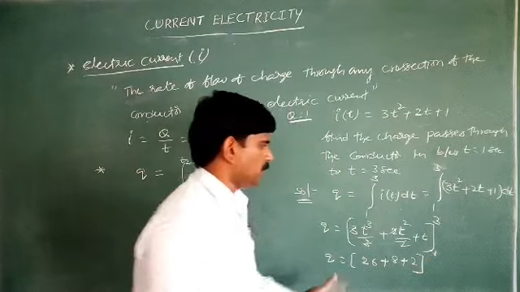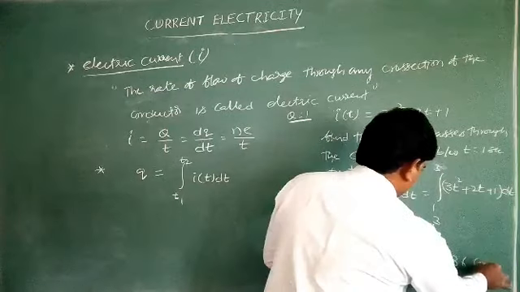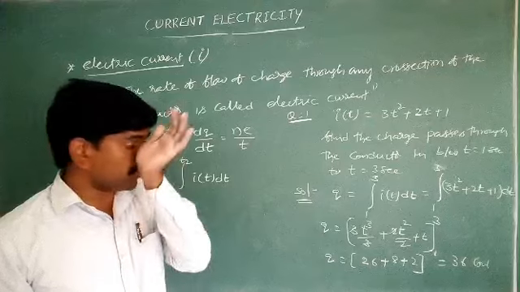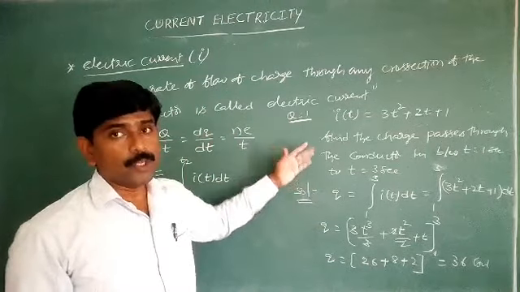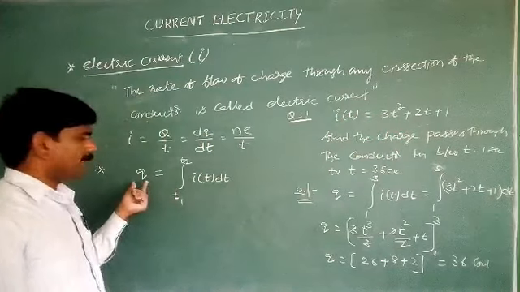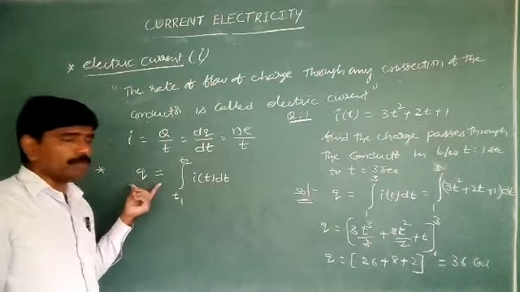So this is equal to 36. 36 coulombs of charge is passing through the conductor. So in case of variable currents, this is the formula for the charge passing through the conductor.